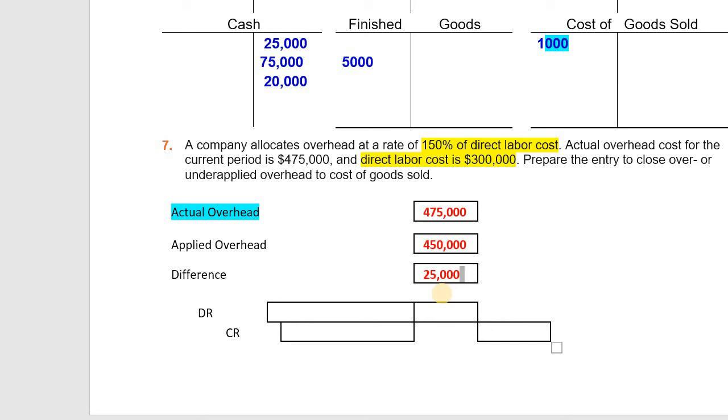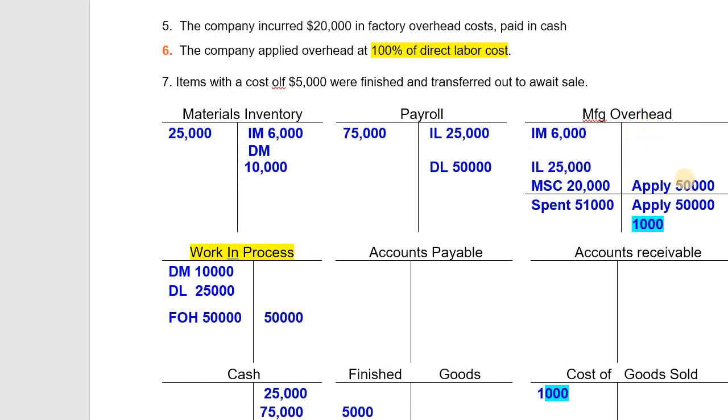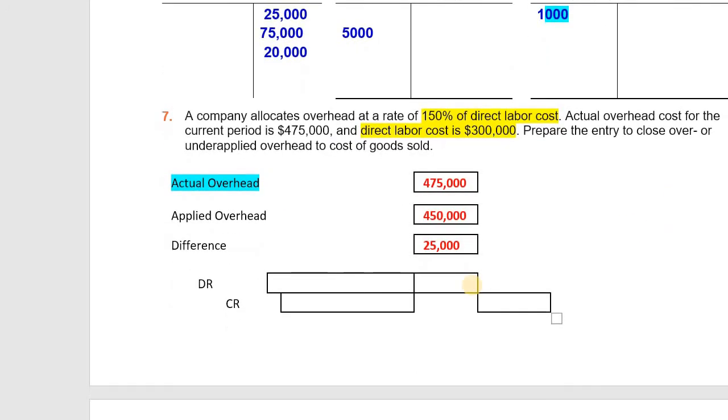So we incurred $475,000. We applied $450,000. It's the spent amount that has to be right. So our applied is $25,000 too low. We have to increase our applied overhead. Oh, how do I do that? Let's look up here. We apply overhead by crediting the overhead account. So to increase it, I need to give it some more credits, right?